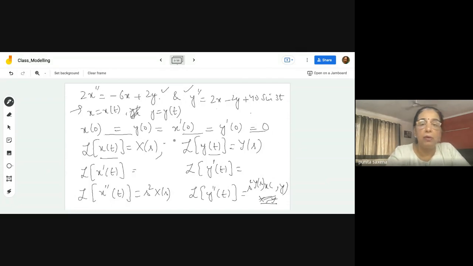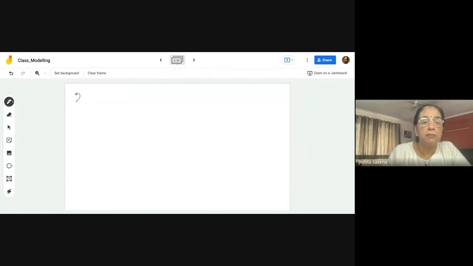Now, when you substitute in your differential equation, it will be twice the Laplace of x double dash t, and this was the equation, is equal to minus 6 Laplace of x(t) plus 2 Laplace of y(t).